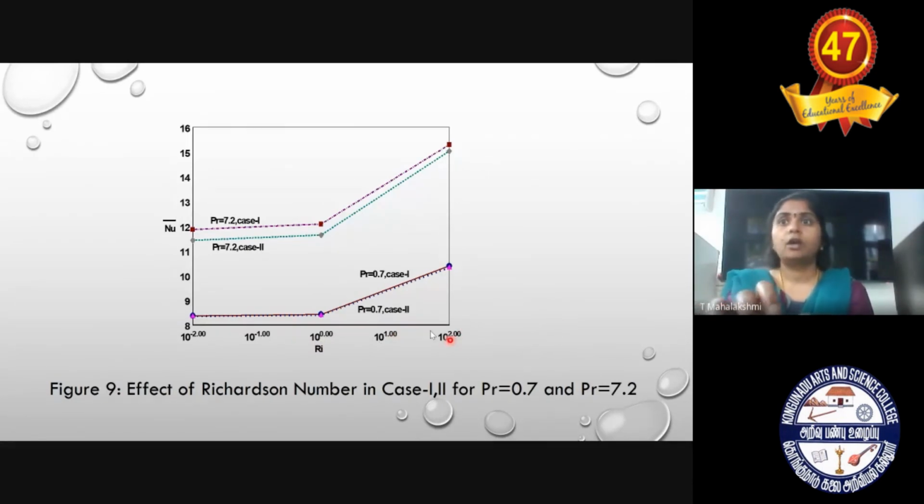So from this average Nusselt number graph, we can come to the conclusion that for the base fluid water considered with the titanium dioxide nanofluid, in horizontal wall movement, we obtain the highest heat transfer rate.